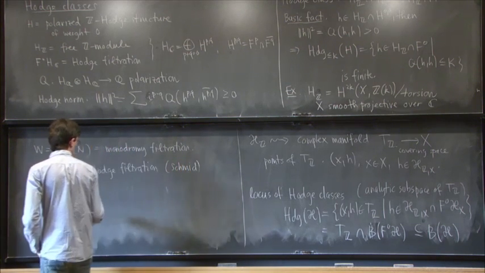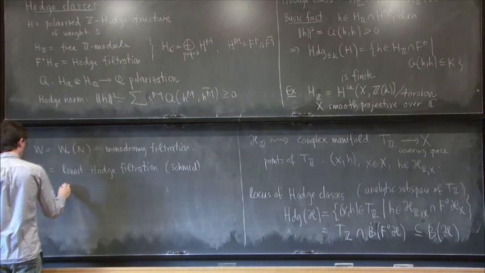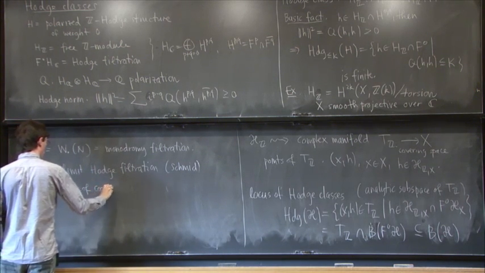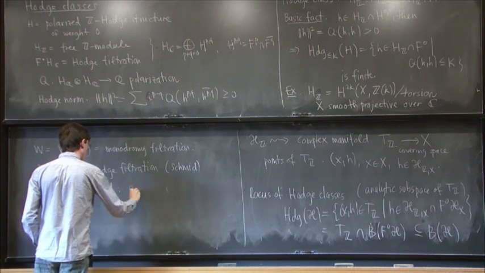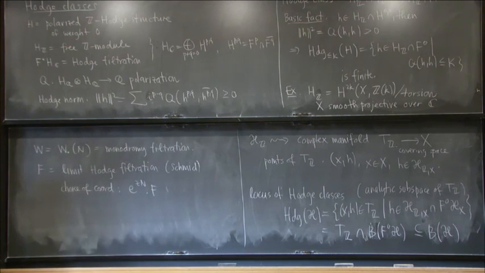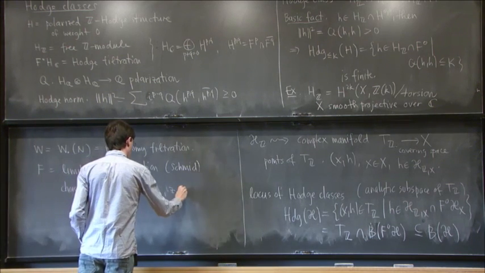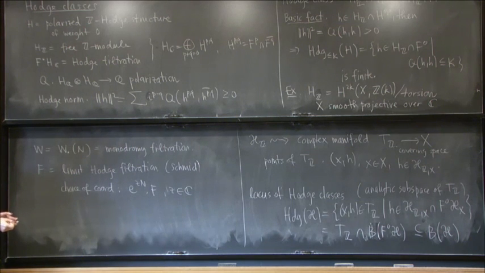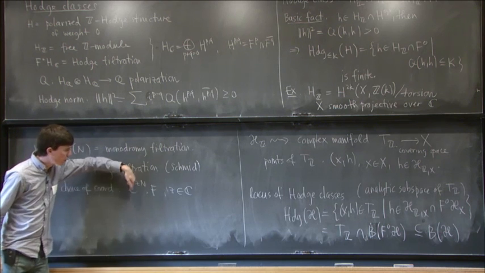And this actually depends on the choice of coordinates. If you choose other coordinates, then you end up replacing this filtration by some filtration that looks like this, for some complex number. Depending on the first derivative of the coordinate, this filtration can change.